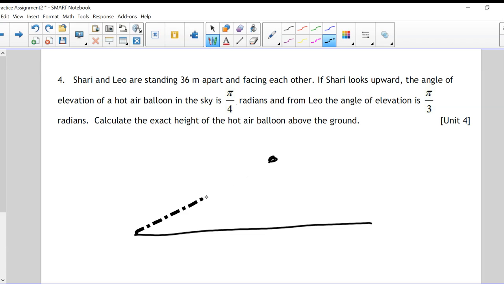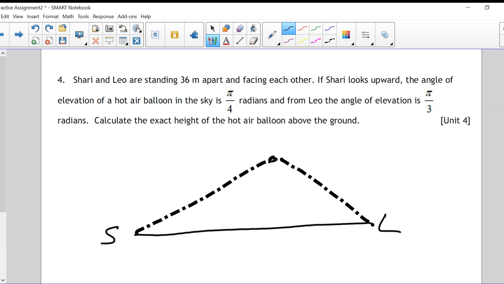Dotted line. Okay. Angle of elevation, let me remind you, is the angle that's measured from the horizontal looking upward. So let's say this is Shari over here. Let's say this is Leo over here, using S and L to represent both of these people.